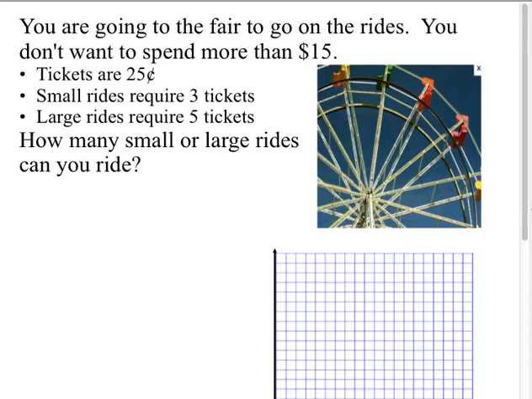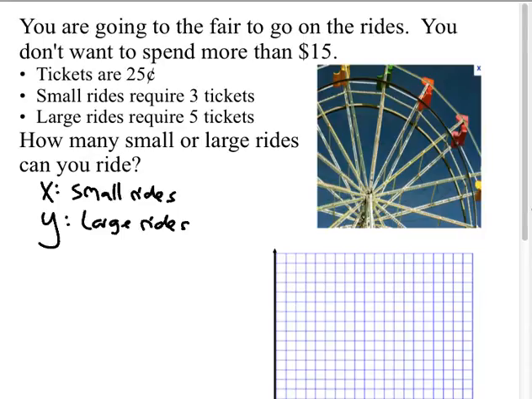All right. So here we're talking about cost of rides, okay? So here I'm going to let X represent small rides, Y represent large rides, okay? So my number of small rides, number of large rides.